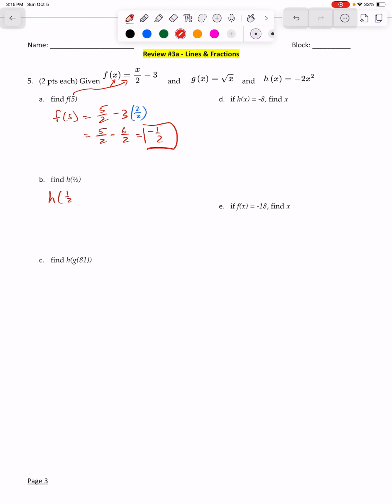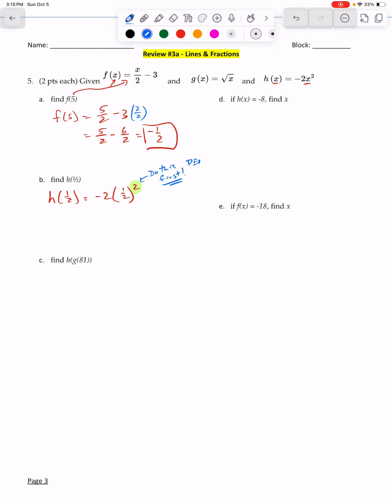H of a half means I'm going to plug in a half here for x and there. So minus 2 times 1/2 squared. And I have to do that to this first, right?